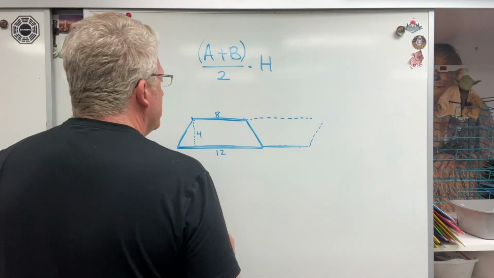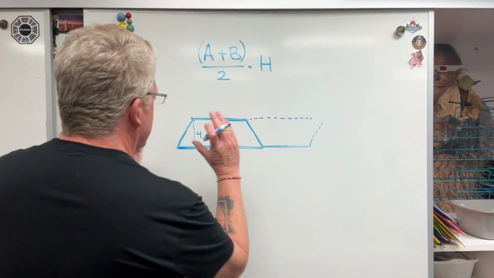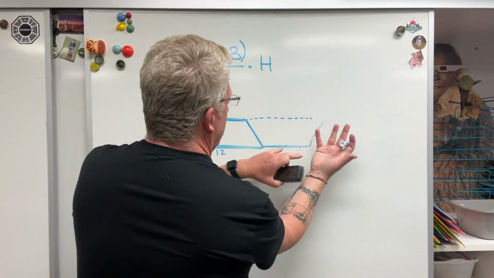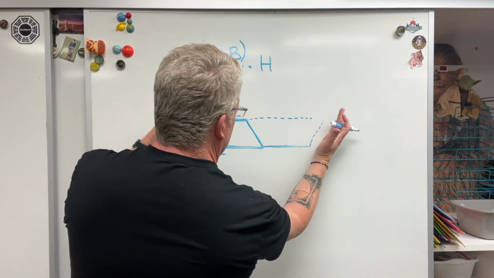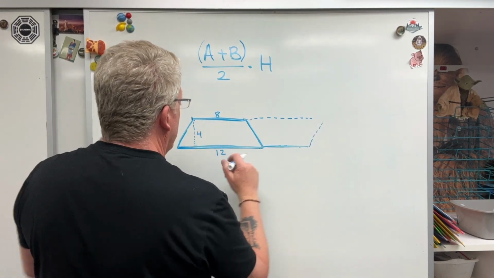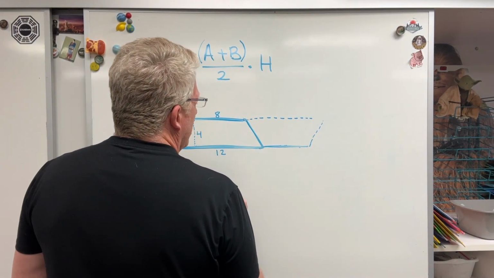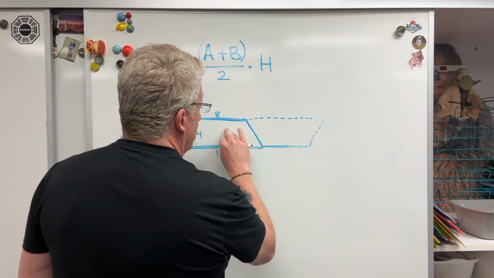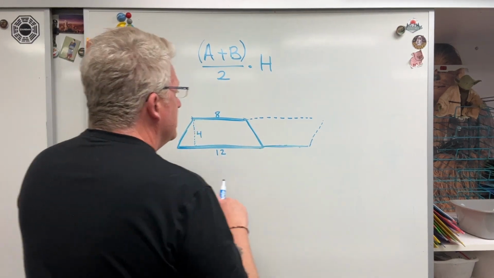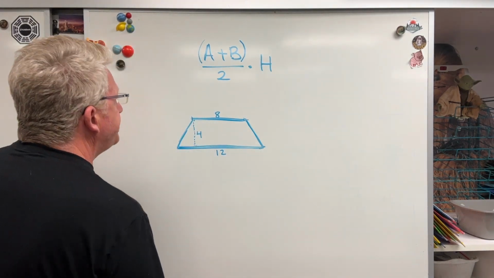So that's why that formula works: if you were to take this trapezoid shape, flip it and attach it, now you'd have a parallelogram, right? These two sides are parallel, these two sides are parallel. We could do base times height, but we want to divide that by 2 because we don't have 2 trapezoids. All right, so that is why that formula works.